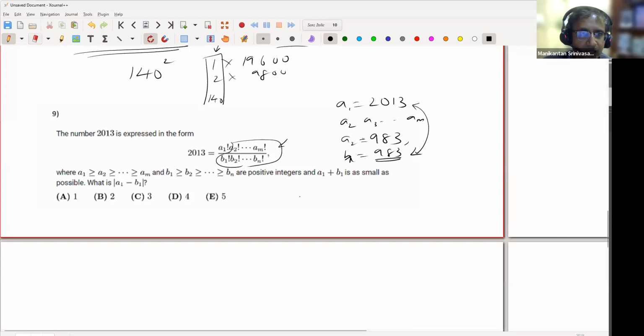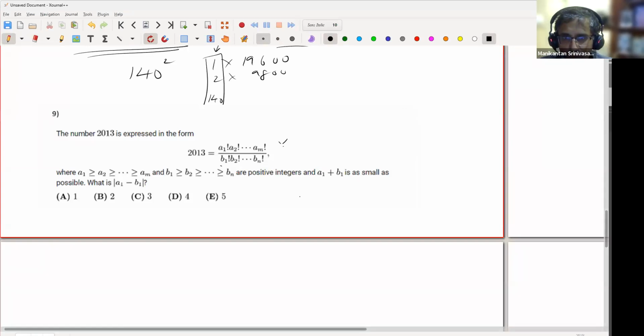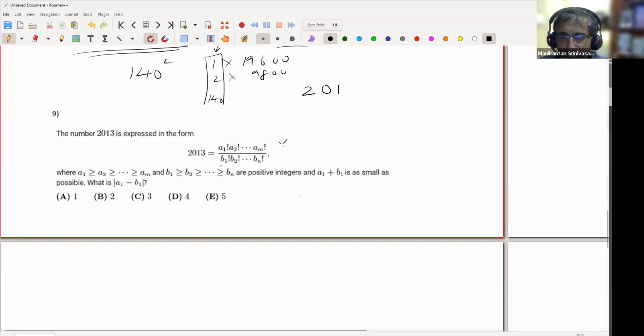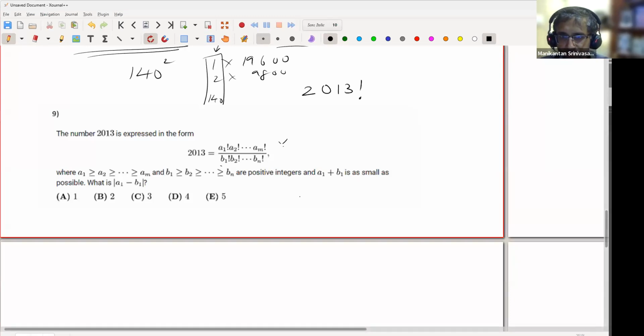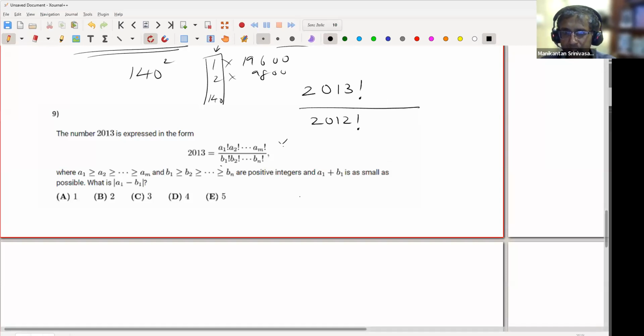I'm sorry, guys, I'm not explaining it well. Okay. So if this has to be 2013, a1 can be 2013, and b1 can be 2012. And then the rest of these numbers can match perfectly and get cancelled off.